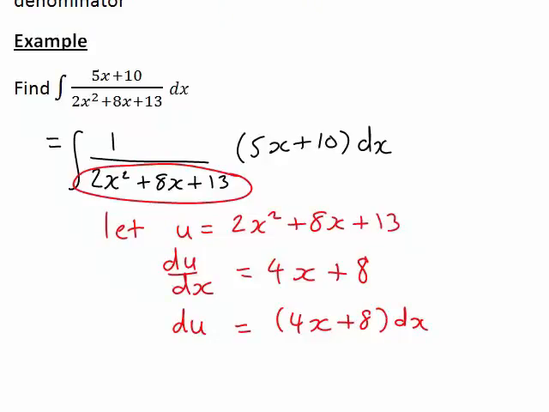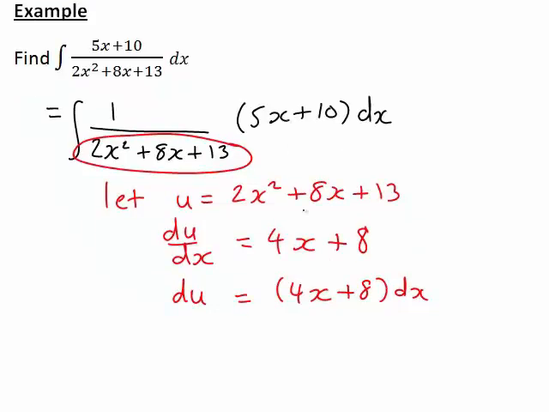And in fact, if we look at it, 5x is 4x multiplied by 5 on 4, and similarly 10 is 8 multiplied by 5 on 4. So that means that in fact 5x plus 10 is 5 divided by 4 times 4x plus 8.